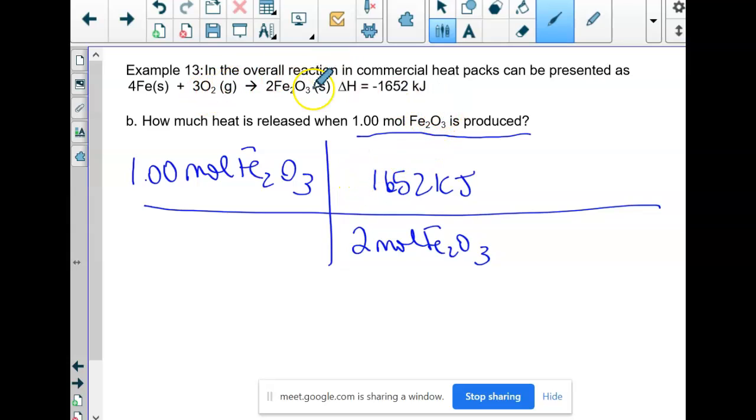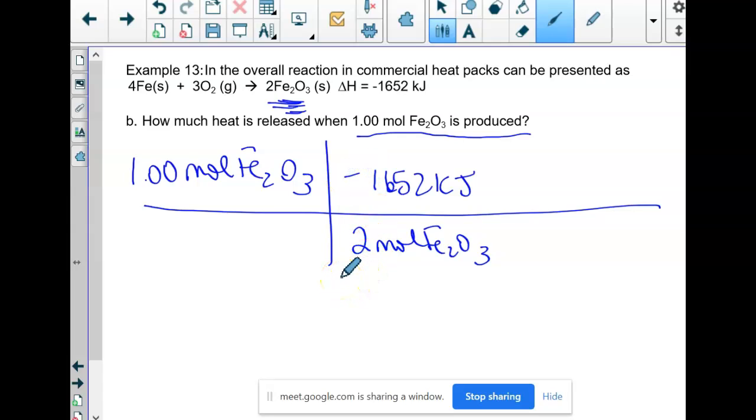Does this reaction, the way it's written, show iron oxide being produced? Shake your heads yes or no. It shows iron oxide being produced. This is the produced side, right? The way this is written, it shows iron oxide being made or produced. So therefore it's forward, meaning it's written as is, and it would stay negative.